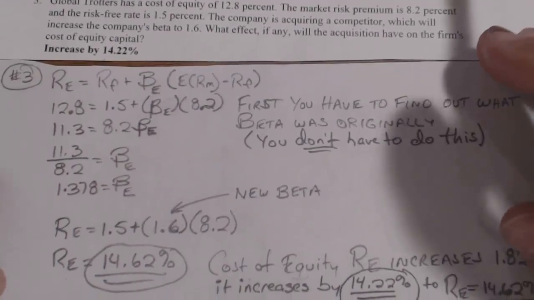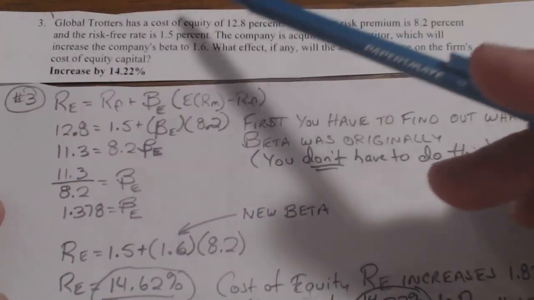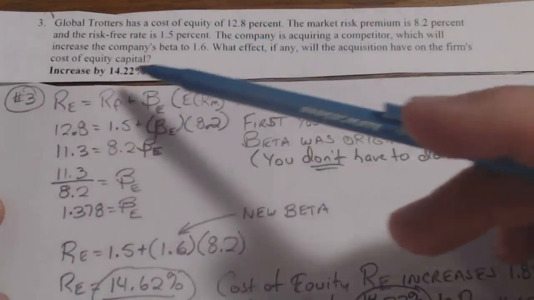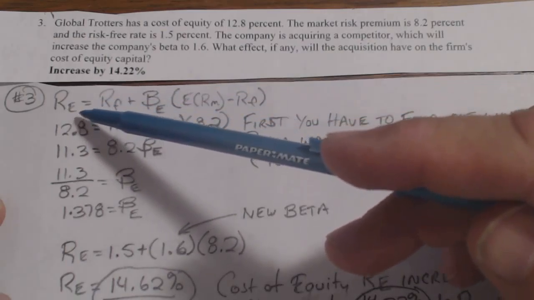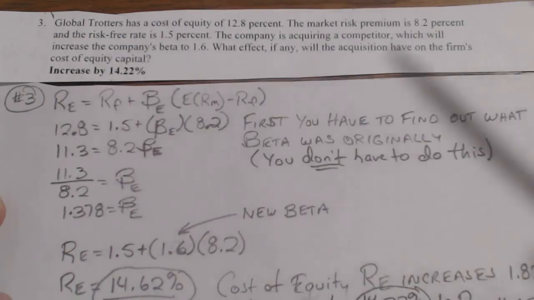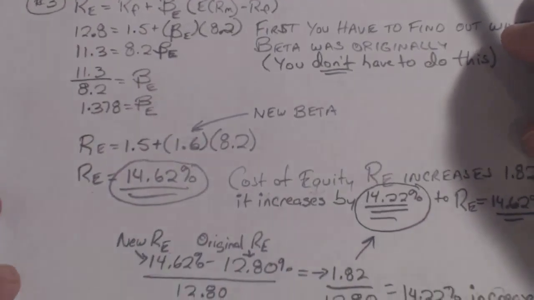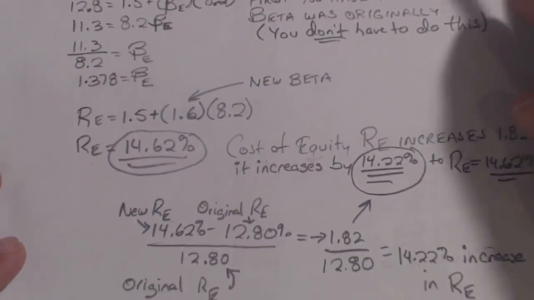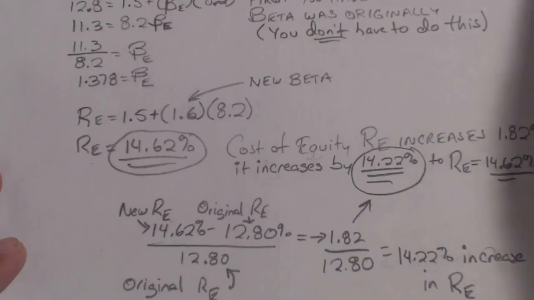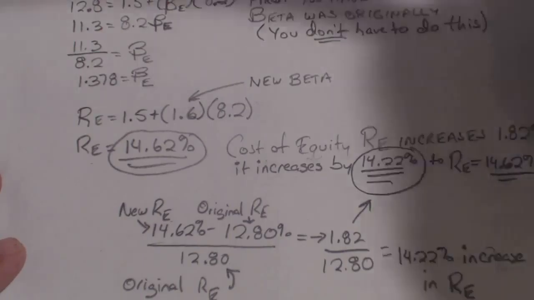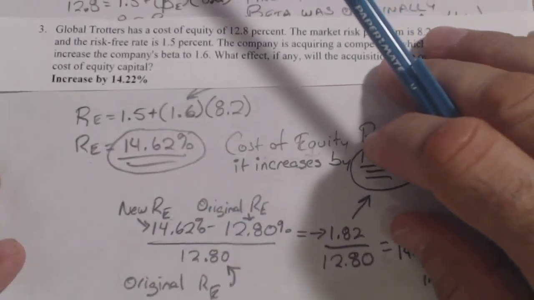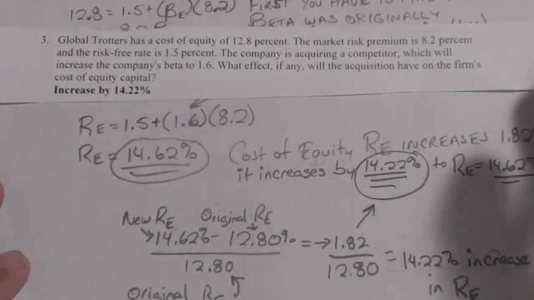So we know that the current cost of equity, RE, return on equity if you're an investor, cost of equity if you're the firm, is 12.8%. Now you want to figure out what the new one is. So all you do is use the new beta and the other information.